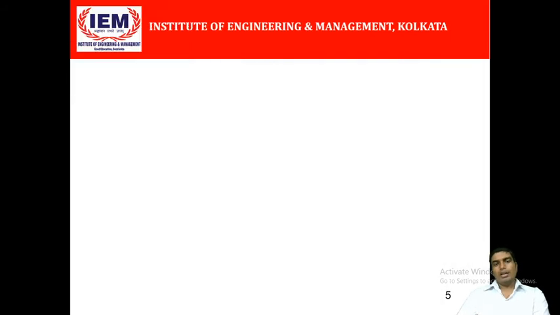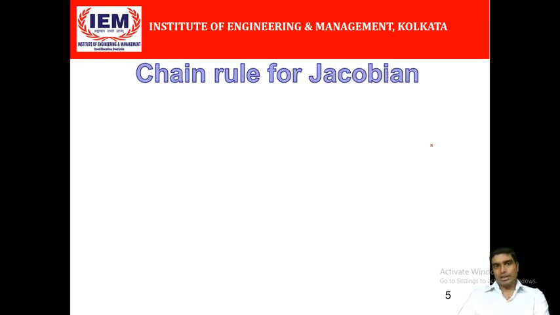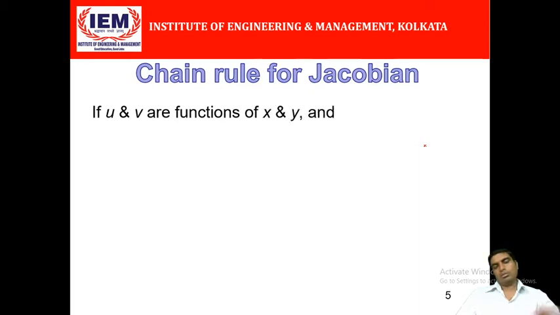Okay. Now there is one chain rule. The chain rule of differentiation we have understood in the previous lecture. Now in this lecture we'll talk about the chain rule involving the Jacobian.